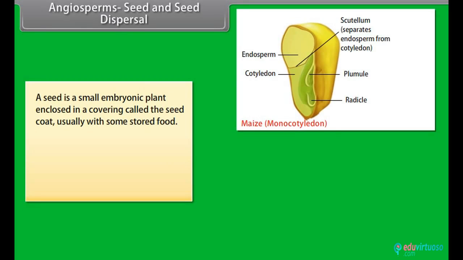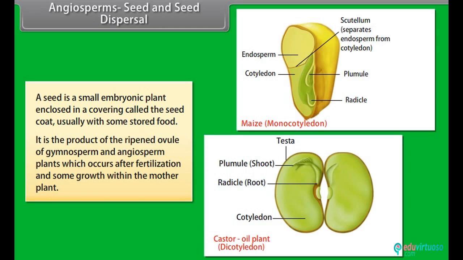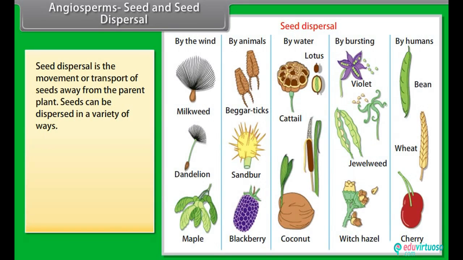A seed is a small embryonic plant enclosed in a covering called seed coat, usually with some stored food. It is the product of the ripened ovule of gymnosperm and angiosperm plants, which occurs after fertilization and some growth within the mother plant.